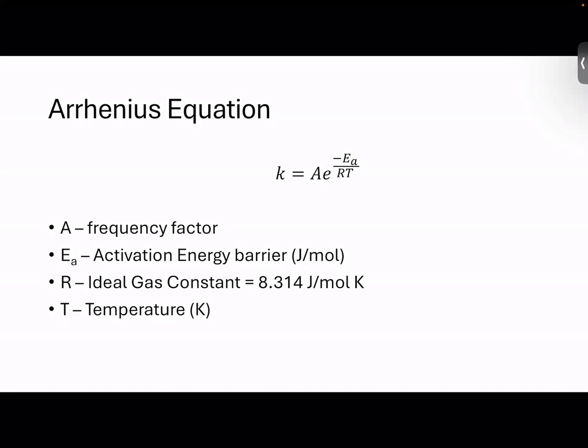R is a dictator of units. It is saying that the energy factor has to be in joules per mole. And it is saying that the temperature, which is T, must be in the unit of Kelvin.